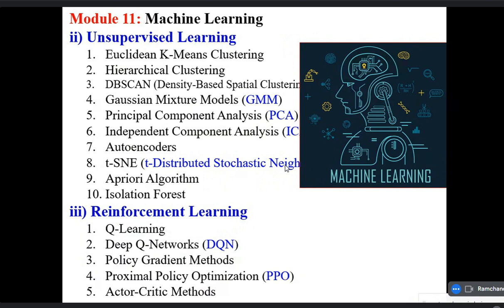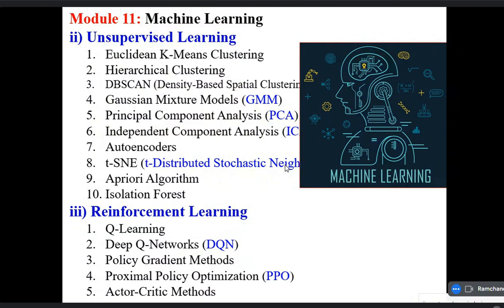Then principal component analysis called PCA. Independent component analysis called ICA. Autoencoders. t-SNE is nothing but t-distributed stochastic neighbor embedding algorithm, Apriori algorithm, isolation forest. These are the top 10 algorithms that come under unsupervised learning.